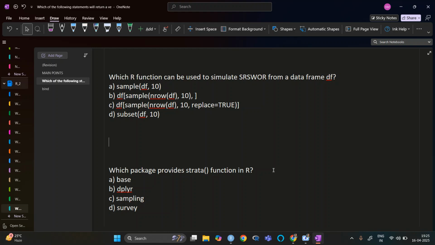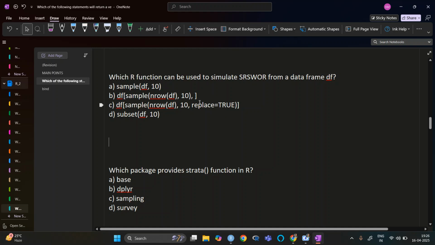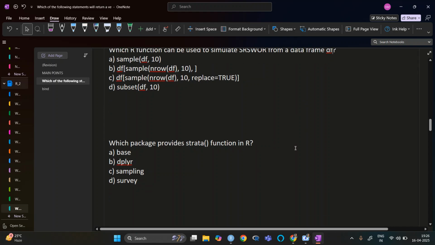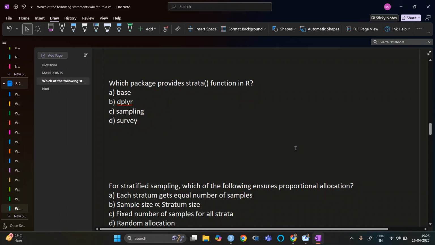The second one can also be used because it is sample, number of rows of df, then 10. So it is taking 10 samples from that df, depending on the number of rows. This is a vague question because the data frame dimension is not given, so let's just leave that.